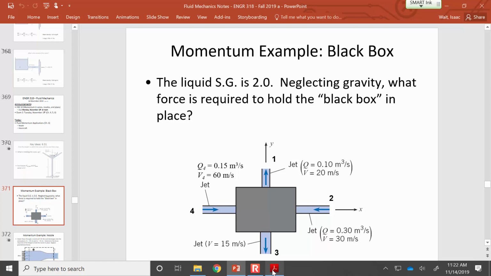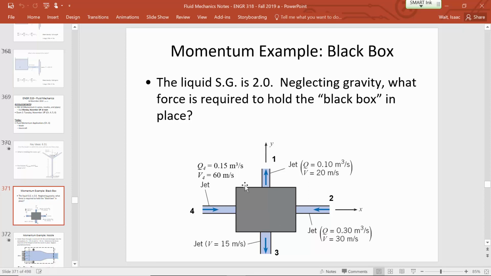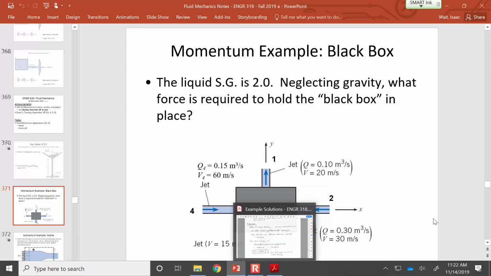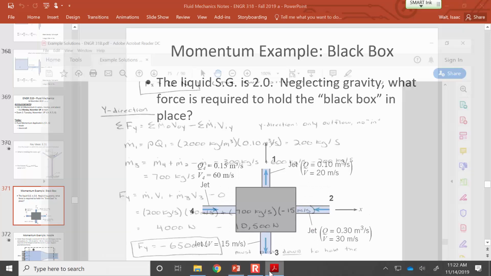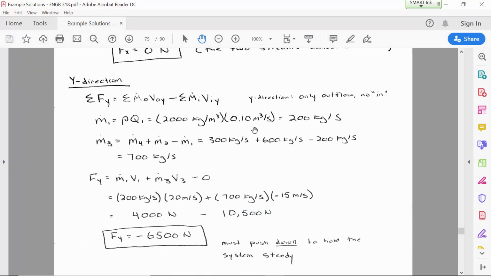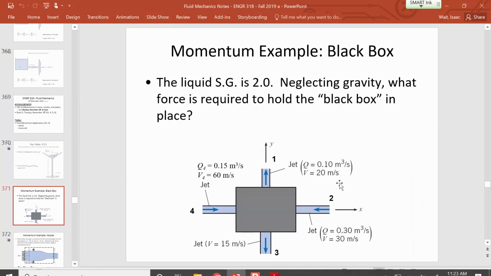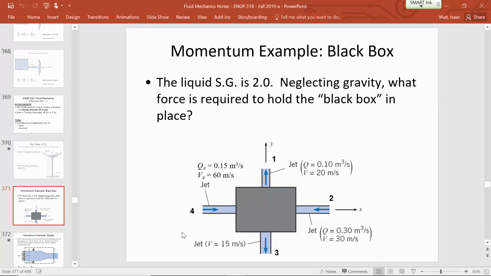Where it was all horizontal before, and now a little bit of that stream is going upwards, but the far greater portion of the incoming fluid is directed downward because it's 700 kilograms per second versus 200 kilograms per second. Now we also have to multiply the velocities, but the velocities are relatively close, 15 and 20 meters per second. So the far greater difference is that we've got a big mass flow rate going down.